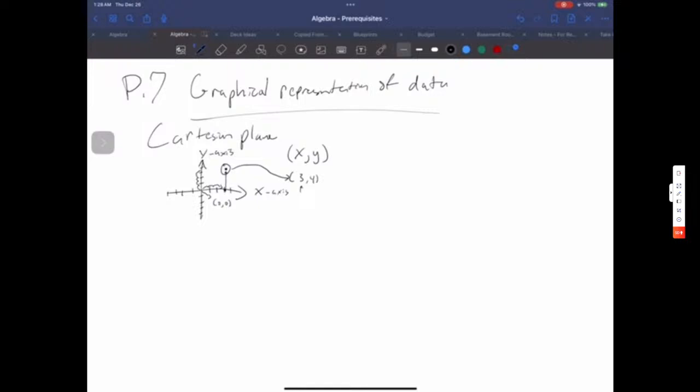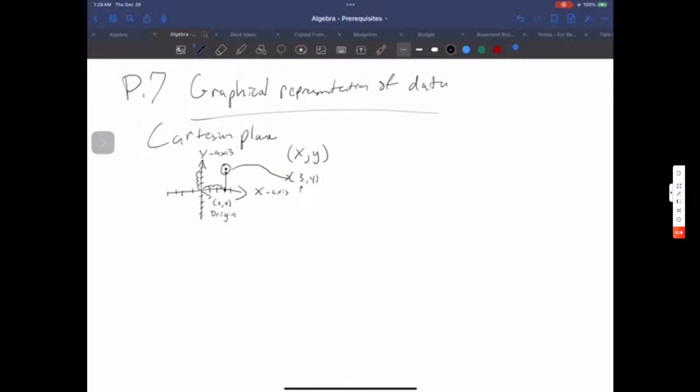The Cartesian plane is formed by using two real lines intersecting at right angles, as shown, blah, blah, blah, blah, the point of intersection. This 0, 0 is referred to as the origin, because that's where everything starts from. That's where you count the 3 and the 4 from. That's where they originate. But again, it is conventionally that they intersect at 0, 0.